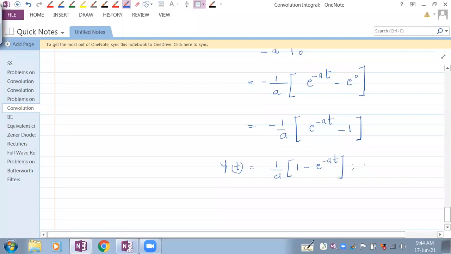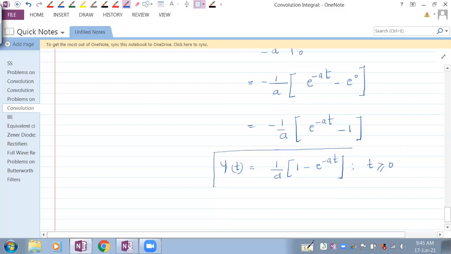So this is your y of t for t greater than or equal to 0. This is case number 2.